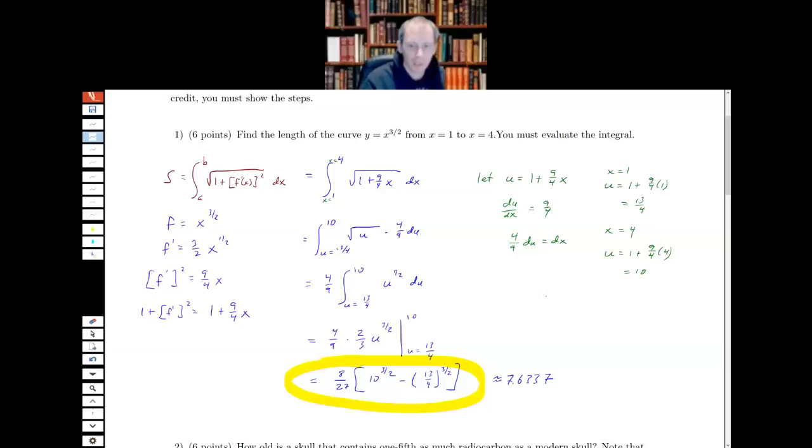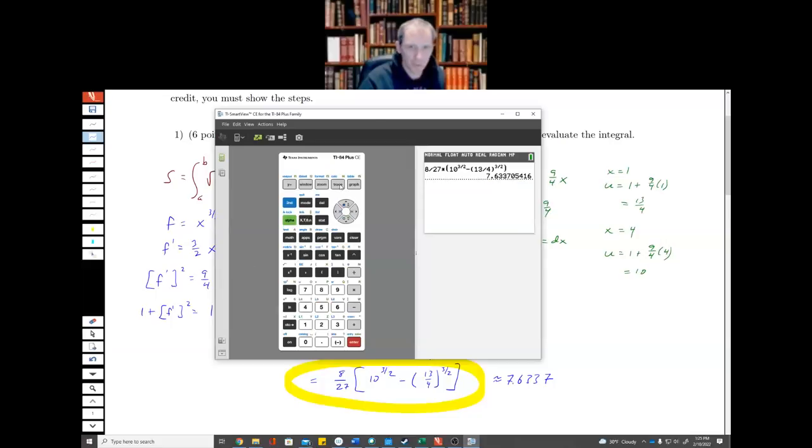Okay, and if I want to know if that seems reasonable, we're looking at a curve that's going from x equals 1 to x equals 4. So in the x direction, we're moving over by 3. So the length has to be definitely bigger than 3. And depending on how curvy it goes, that's going to be how much extra we get, right?